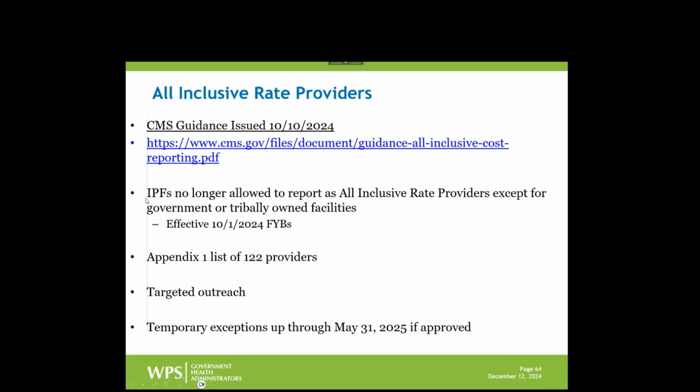And specifically, psych hospitals will no longer be allowed to report as an all-inclusive rate provider unless they're a government or tribally owned facility. That is technically effective for 10/1/24 fiscal year begins, which obviously we're already 2 months into that. And even their guidance was 10 days into that period. So there's a list of 122 providers that are accepted.